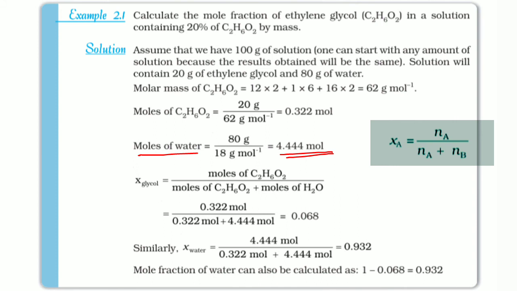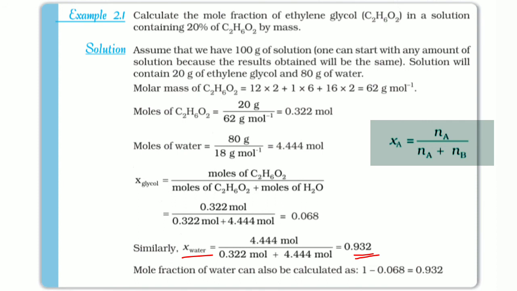Simple. So the mole fraction of ethylene glycol will be equal to moles of ethylene glycol divided by moles of ethylene glycol plus moles of water, which is equal to 0.068. Similarly we can calculate the mole fraction of water, which is 4.44 moles divided by the total number of moles, equal to 0.932.